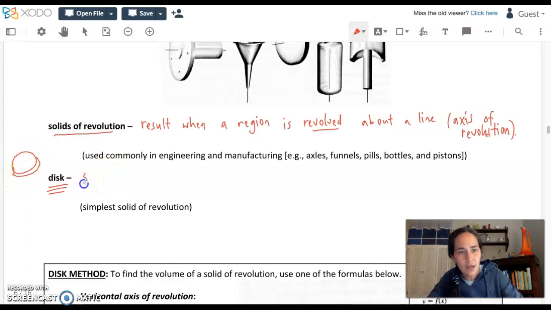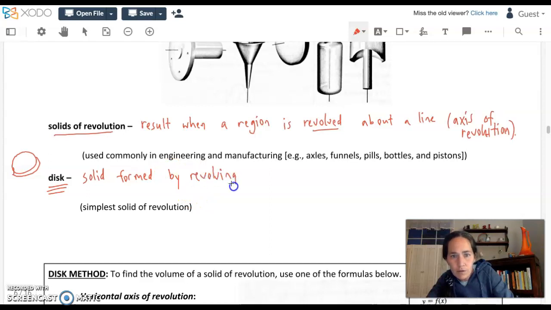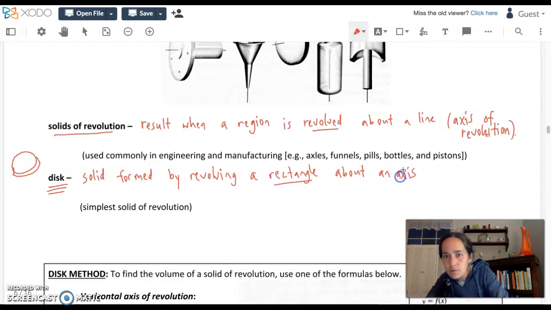So a disk is a solid formed, and I'll draw you a picture of why this works, formed by revolving a rectangle about an axis adjacent to one of its sides.